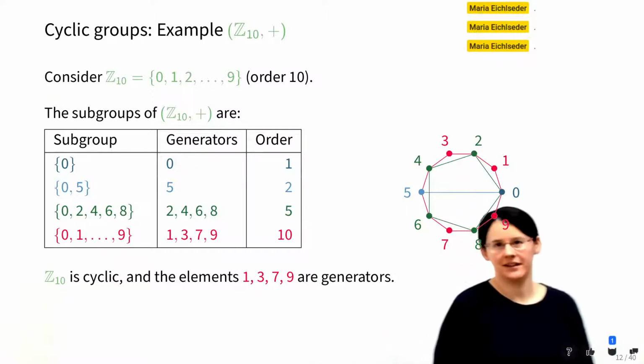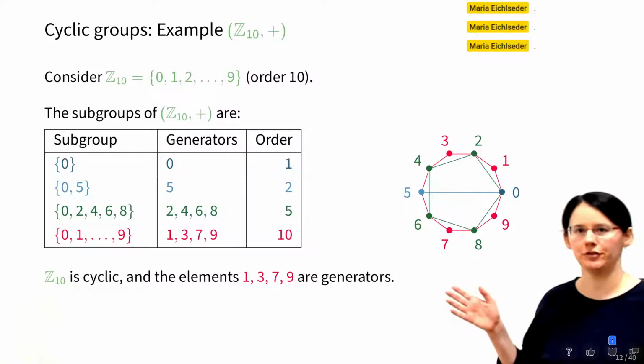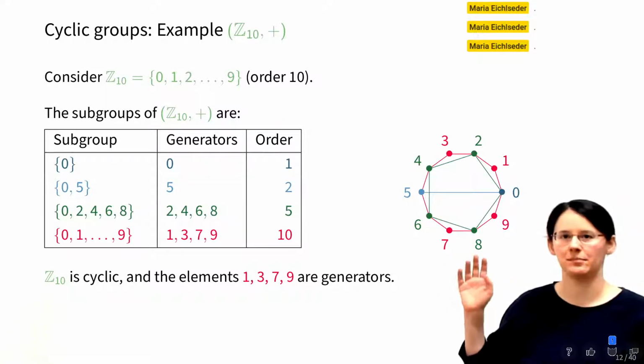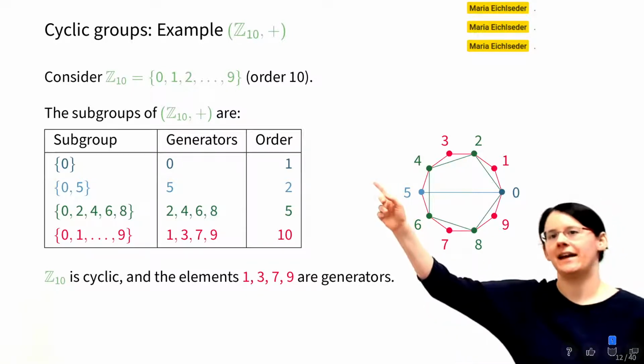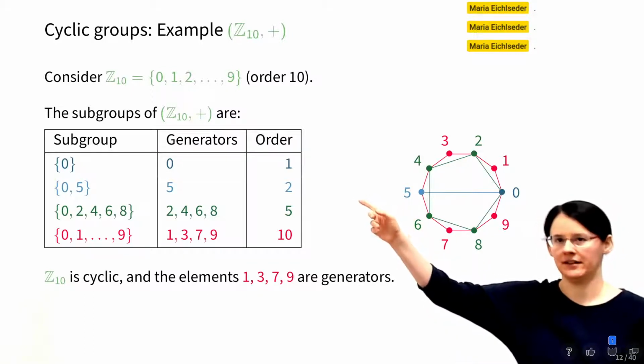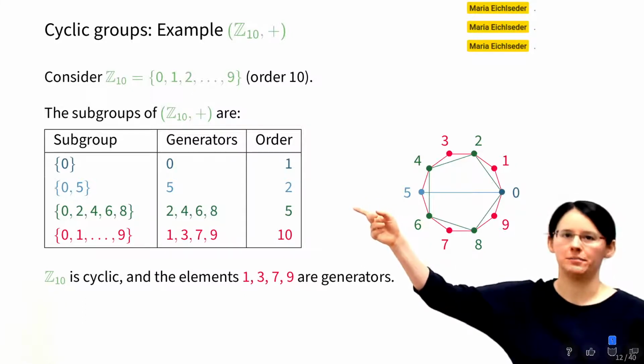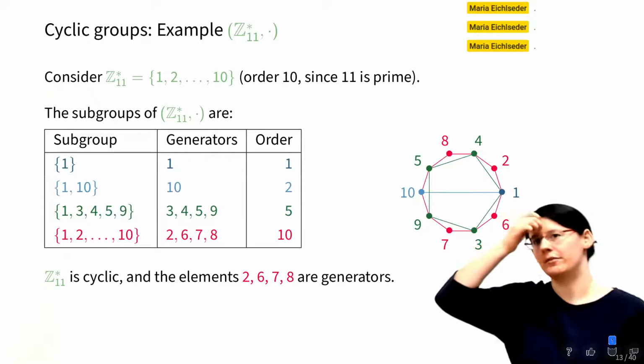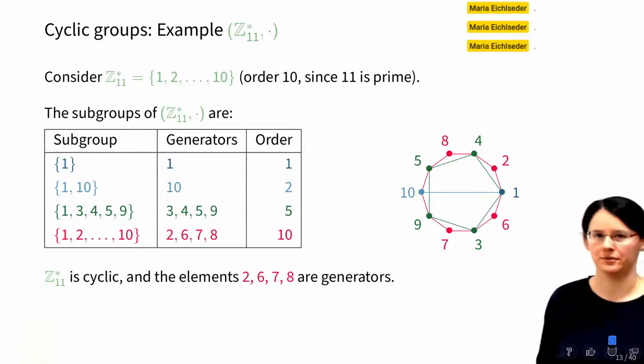Now, the interesting thing is, if I look at a different group with the same number of elements, for example, notice that here we're looking at additive groups modulo 10. Now let's have a look at a multiplicative group modulo 11, which has the same number of elements, because we need to kick out the 0.